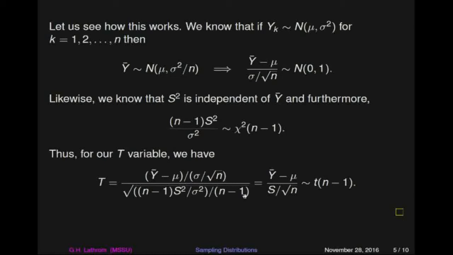Well, we can cancel our n minus 1s. We take the square root of the sample variance, and so we get s over sigma. Our sigmas cancel. We have an s over root n, and so we end up with the expression y bar minus mu over s over root n, and that is distributed with a student t distribution with n minus 1 degrees of freedom.